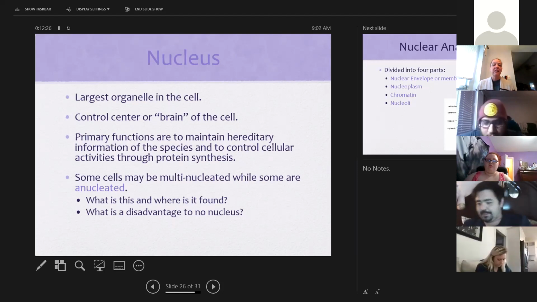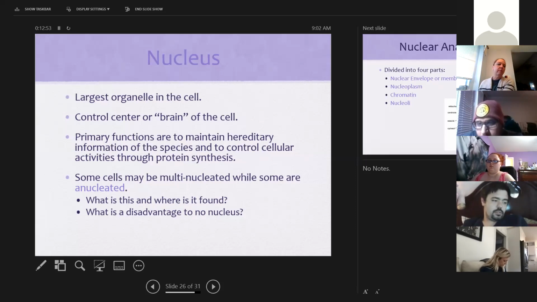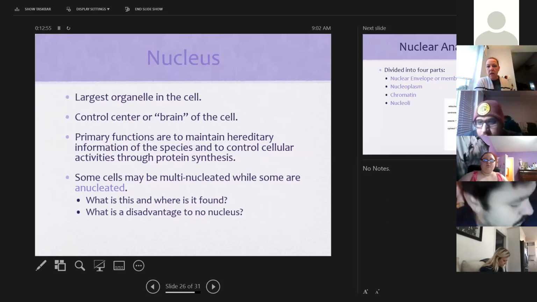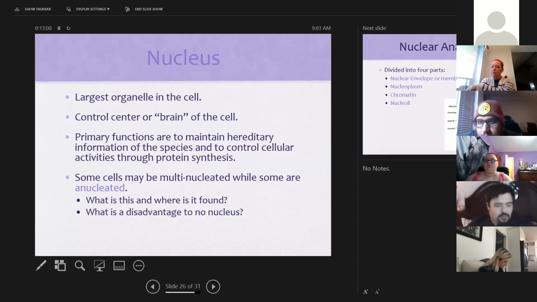So in this case, with the erythrocyte, a nucleus would really be counteractive. The whole role in your body of an erythrocyte is to transport stuff. It really is just like a little 18-wheeler tanker truck. Picks up a shipment of oxygen, drives it to the cell. At the cell, it picks up a shipment of carbon dioxide, drives it to the lungs, picks up a shipment of oxygen, and it just rinses and repeats.